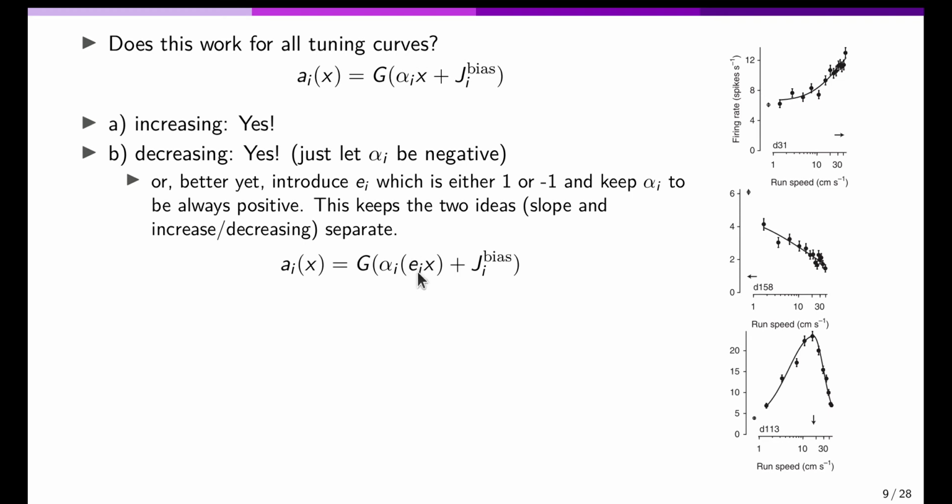And then for e is minus 1, as x gets bigger, this term is going to get more and more negative. It's going to get smaller and smaller. Eventually, the neuron's not going to fire at all. So that's always going to be these decreasing neurons. Math-wise, we could have just combined these parameters into one variable, but we're going to keep them separate because it's going to simplify a lot of things later on.